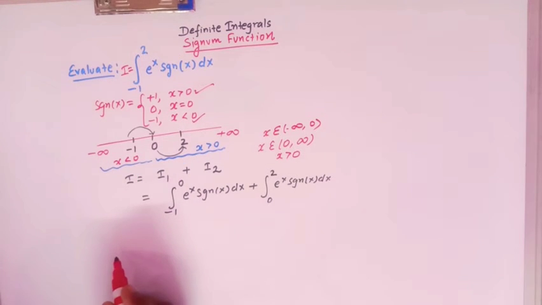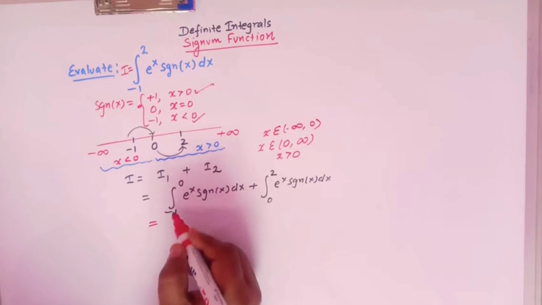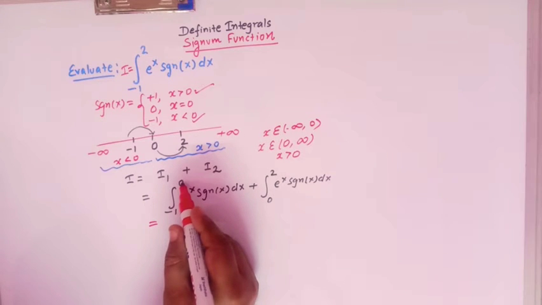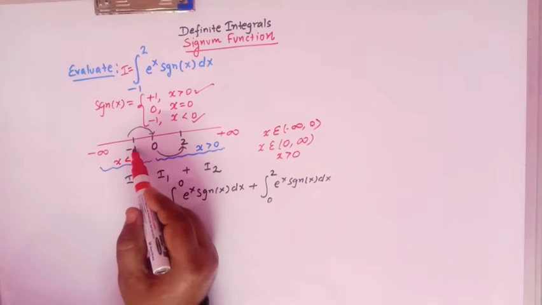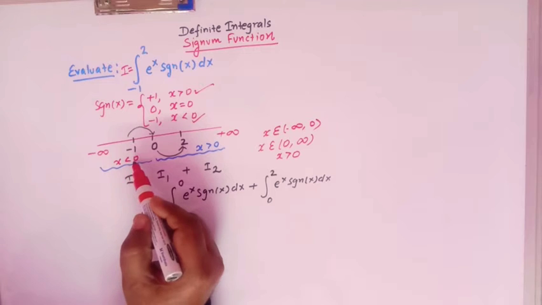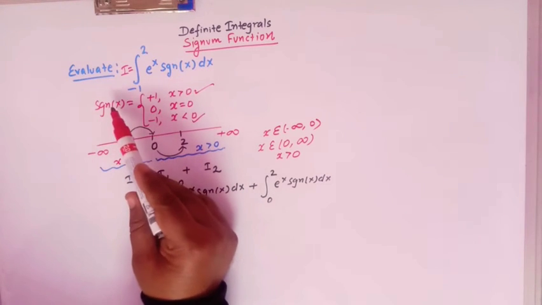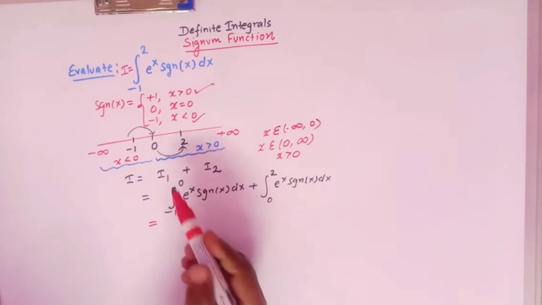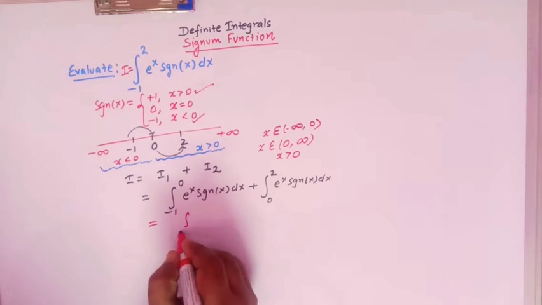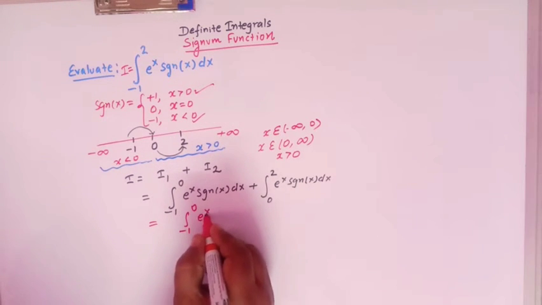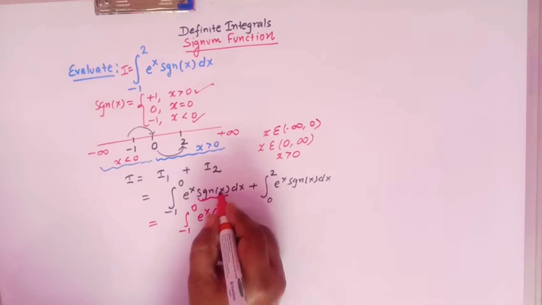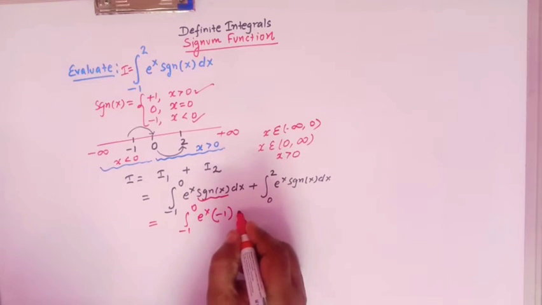Now we have the integral from -1 to 0, and from -1 to 0 x is less than 0. Therefore signum of x will take the value -1. So we have -1 to 0 of e raised to x, and for signum of x we have -1.